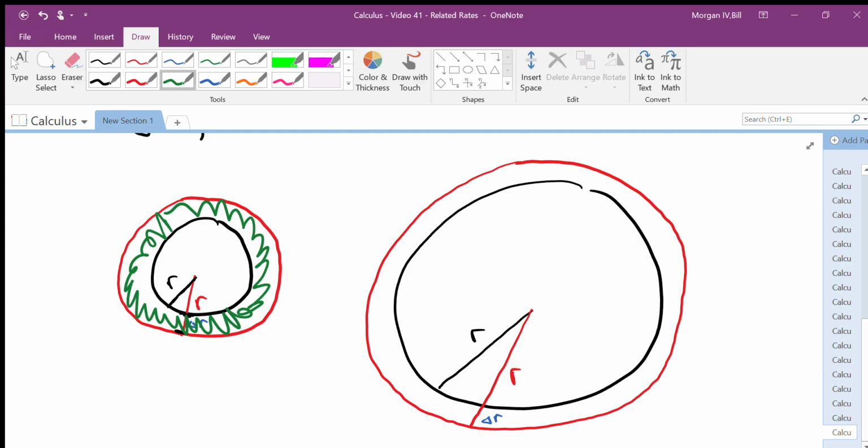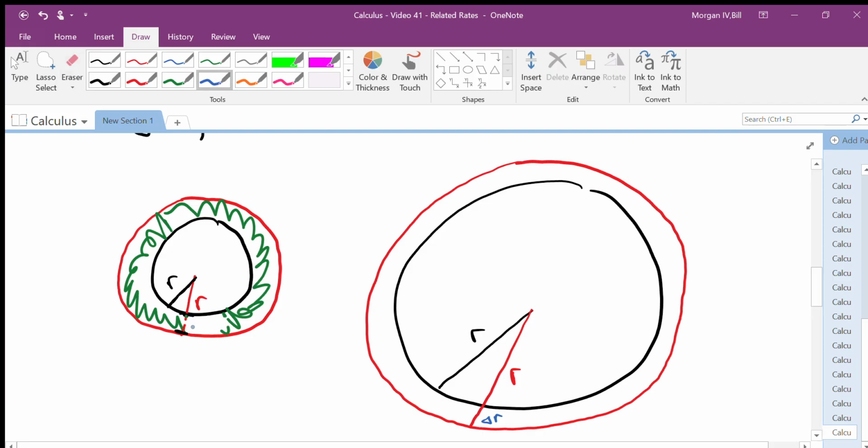What I want to say is this. Let's take the black circle on the right, definitely bigger than the original black circle we had, and we're increasing the radius again. But what I want to say is the amount that I've changed, the delta r, I want that to be the same.